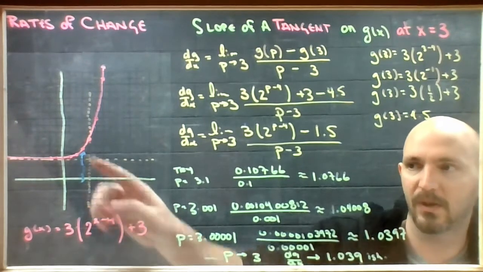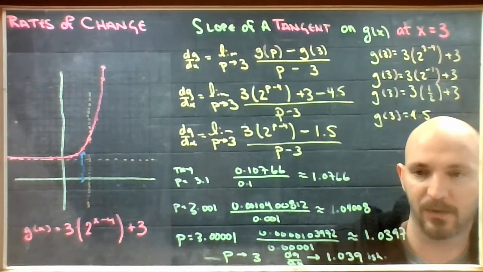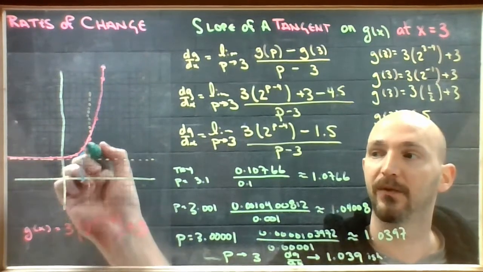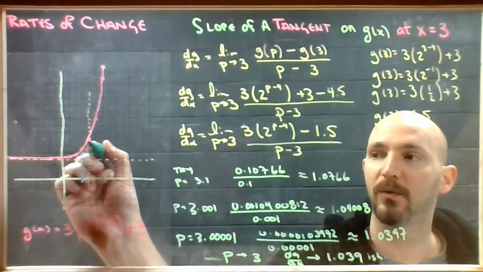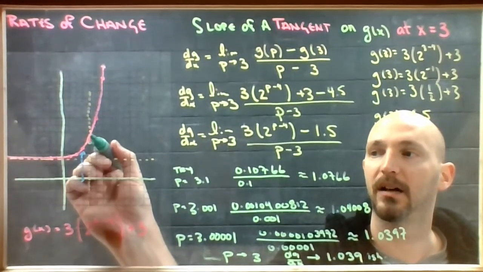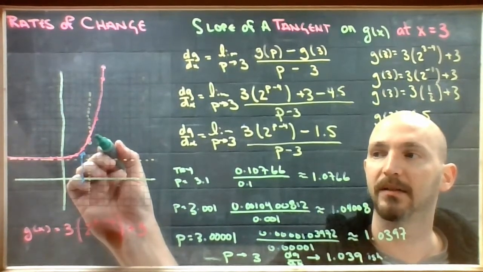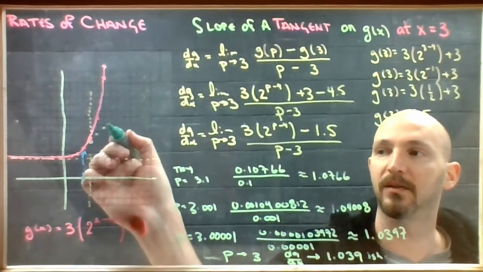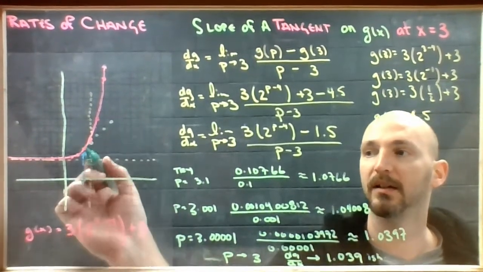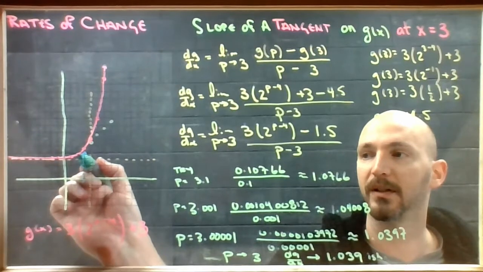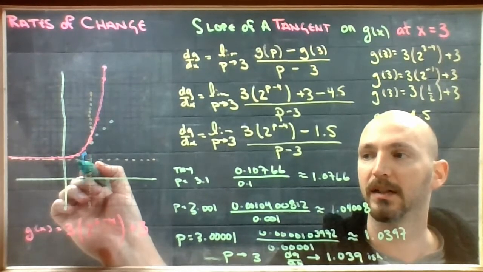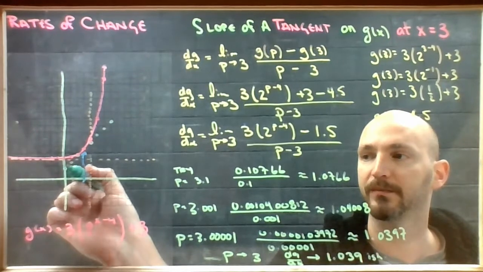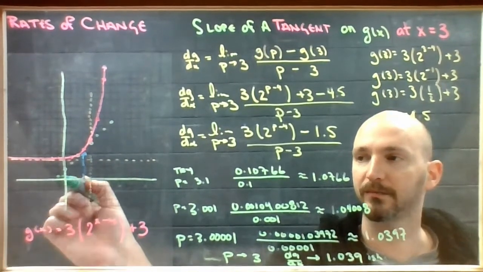So if I were to go to this particular spot and travel along a line with that slope, 1.039, then from here I'd have to go up 1 and a bit over 1, up 1 and a bit over 1, up 1 and a bit over 1, and same pattern, down 1 and over, down 1 and over.